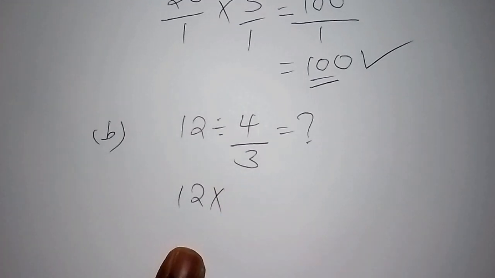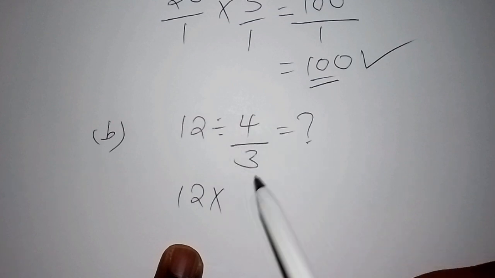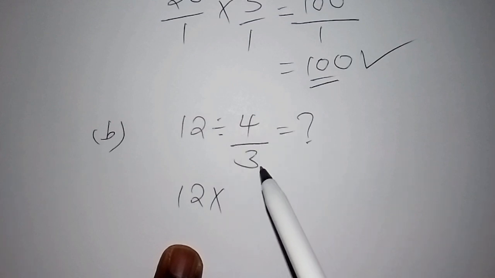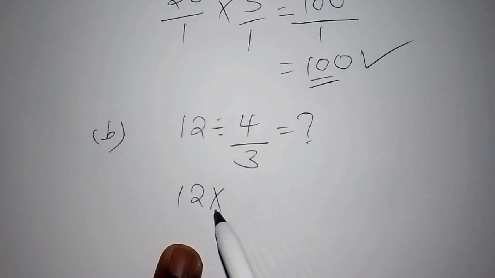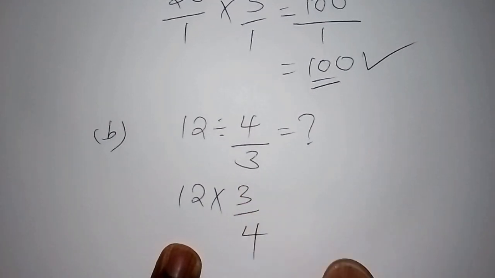When it changes to multiplication, the fraction 4 over 3 shall automatically change to its reciprocal, so we shall have 3 over 4.